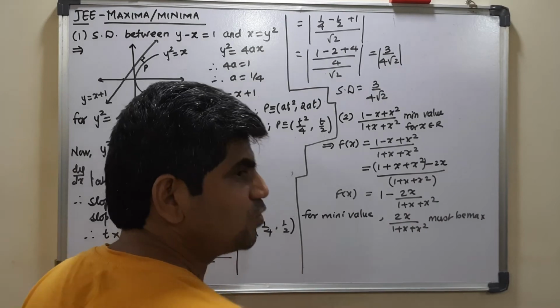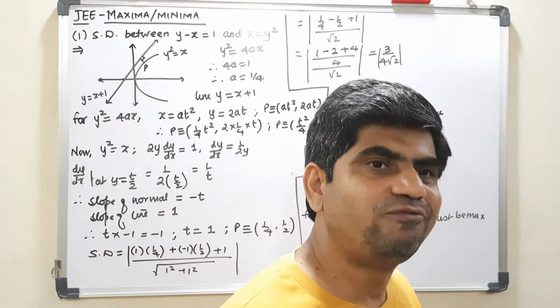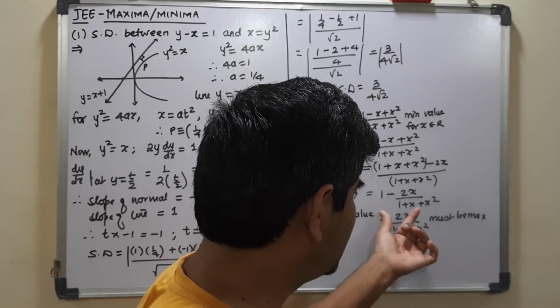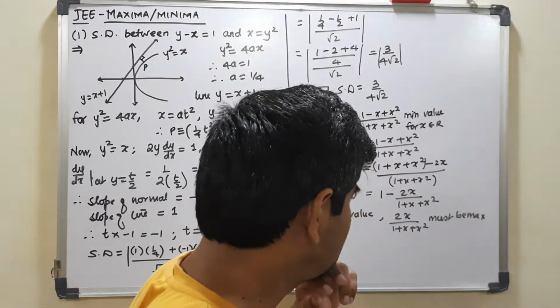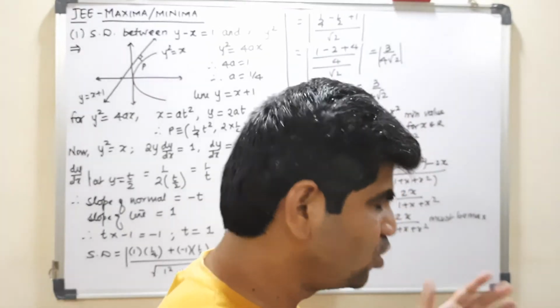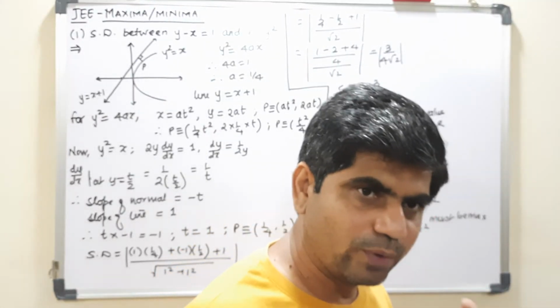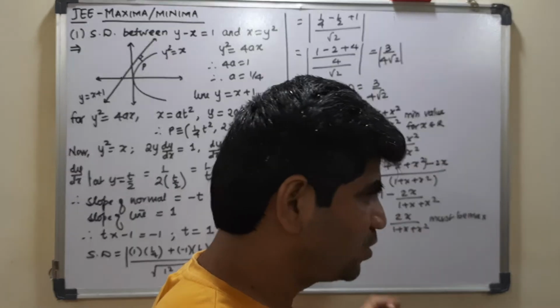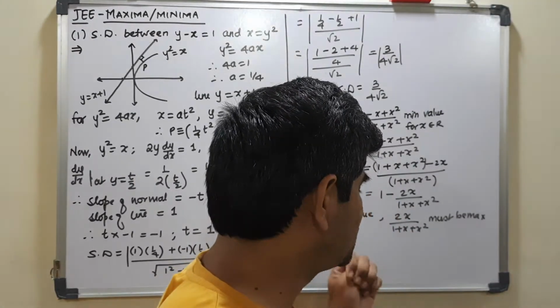And once it comes to maximum and minimum, it has to deal with the first derivative and second derivative. So the first derivative I can find using the quotient rule, no problem. The second derivative also I can find, there is no problem. The first derivative I will find and get the critical point. But if I use the quotient rule, I think I will be getting a problem to solve this.